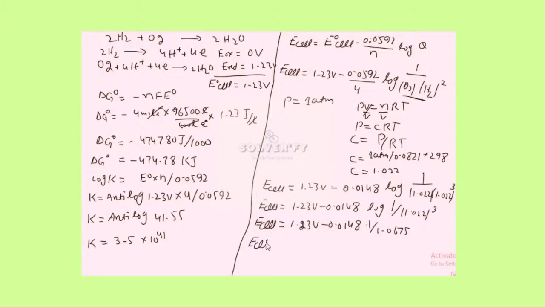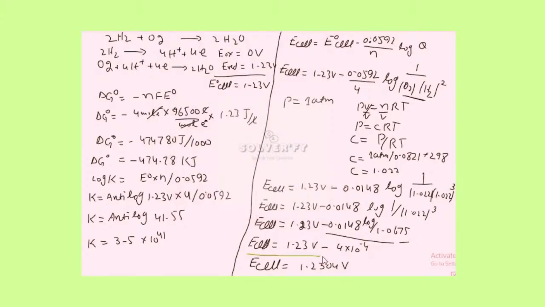So E cell is equal to 1.23 volt minus, when we multiply these values, the product of these two values is equal to 4 into 10 raised power minus 4. When we subtract this from 1.23, we get the E cell, which is equal to 1.2304 volt.